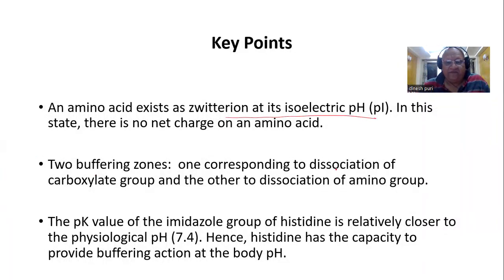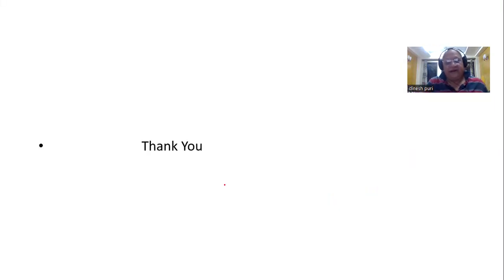Buffering zones exist: one corresponds to dissociation of carboxylate, another to amino. And finally, let me repeat, the pK value of the imidazole group of histidine is relatively closer to the physiological pH. Therefore, it is capable of acting as a buffer at the physiological pH.